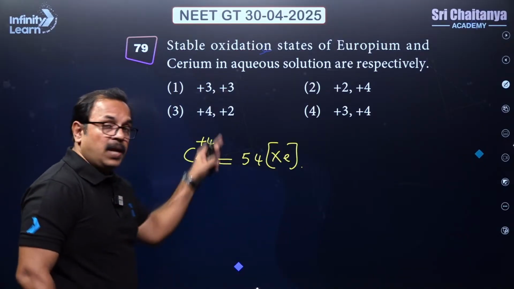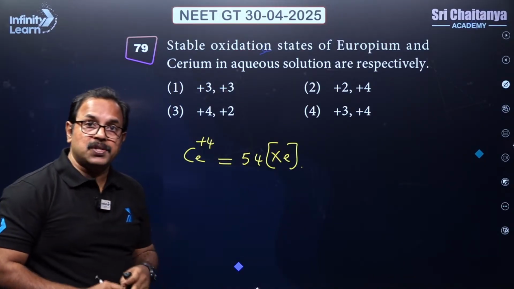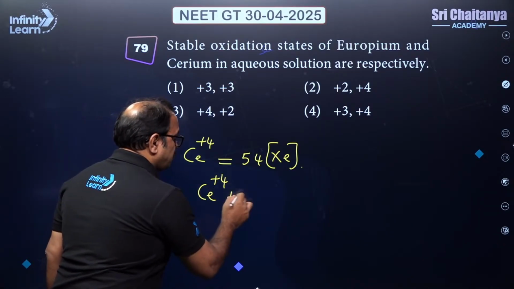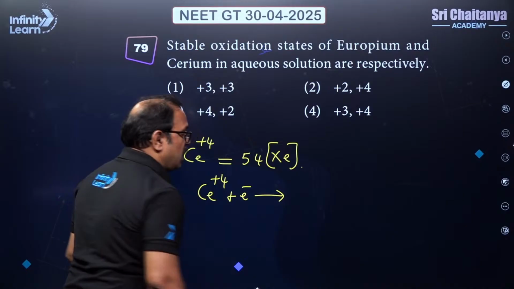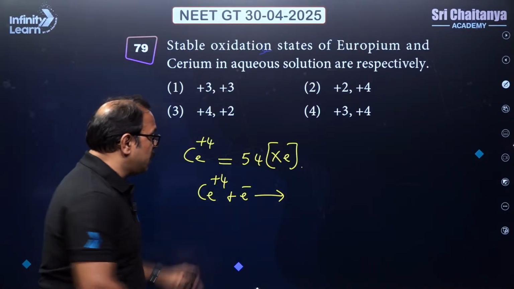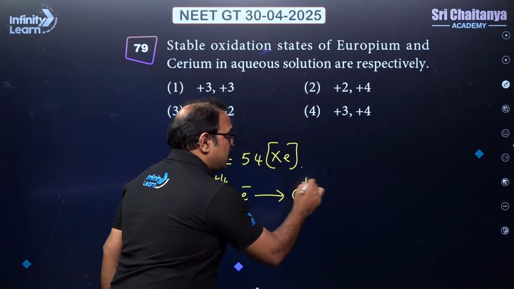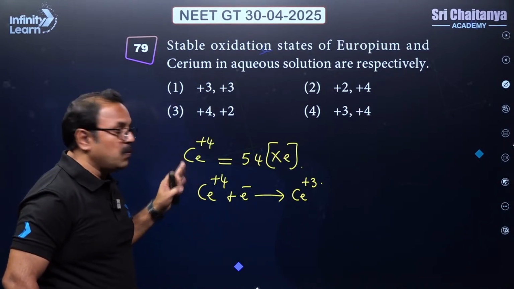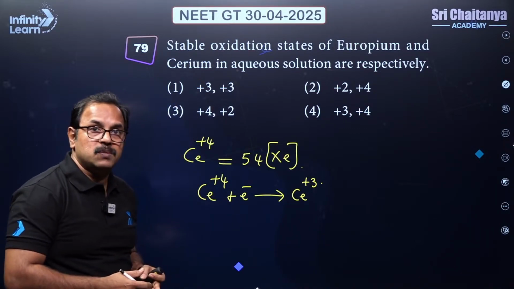But even though it has a stable noble gas configuration, it is found to be a strong oxidizing agent, because it undergoes readily reduction to form cerium +3. Now this is a very important point to understand why they say common oxidation state is +3.